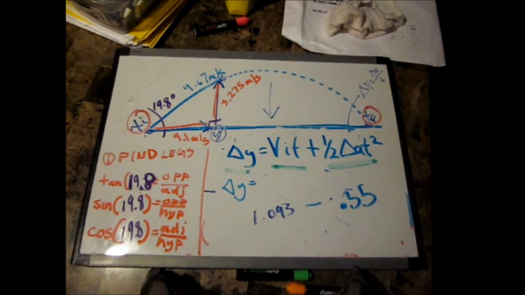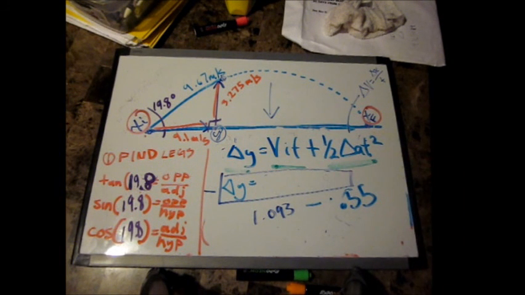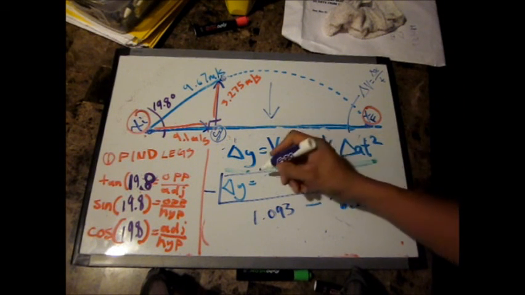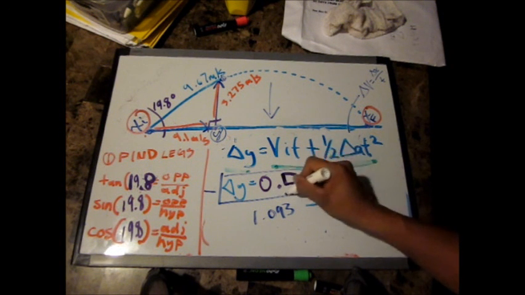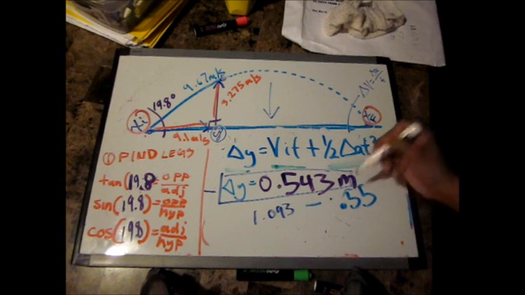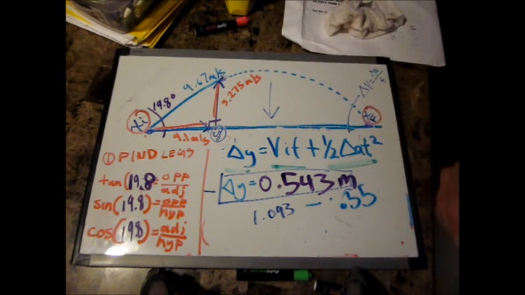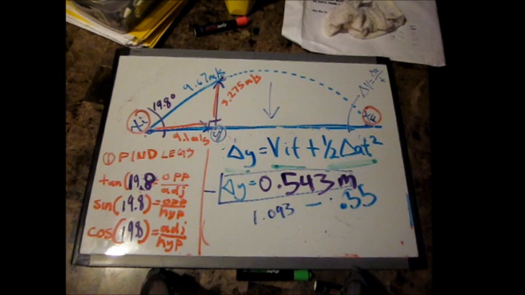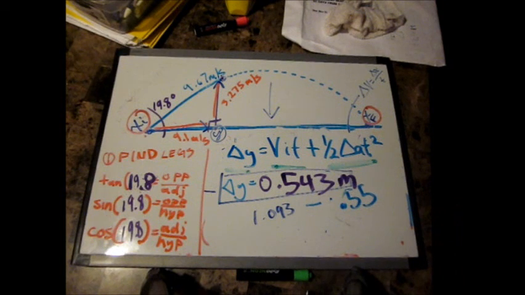So your change of y right here, which is the answer to your last question, is 0.543 meters. And that is your change of y. That's the highest it goes this way. Alright, congratulations. We have just learned trajectory motion.